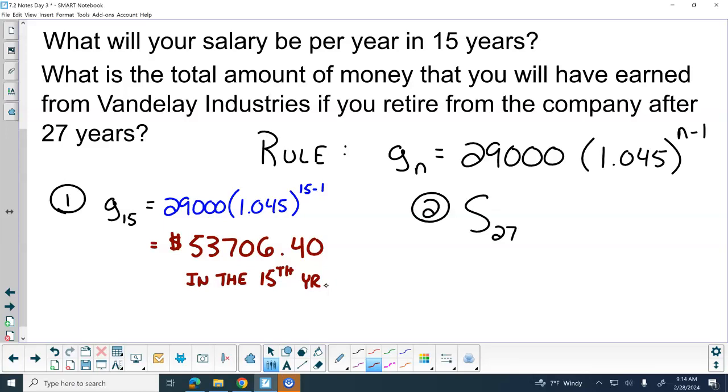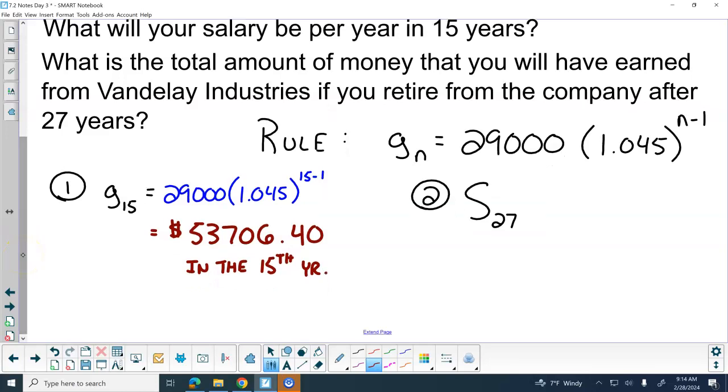In order to find S sub 27, we need to know what our first term is. That's going to be $29,000. In order to find the sum, we're going to need to know what our R value is. 1.045 is our R value.